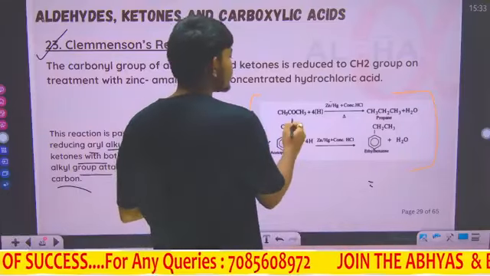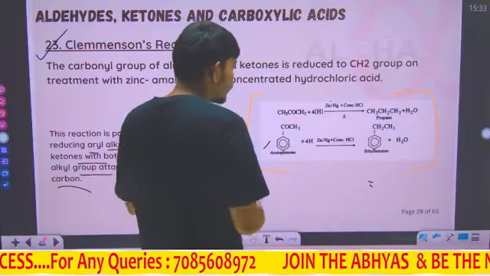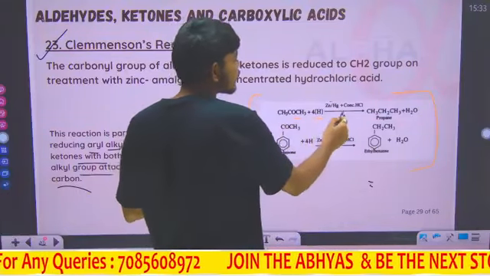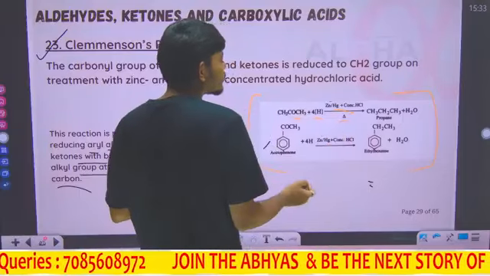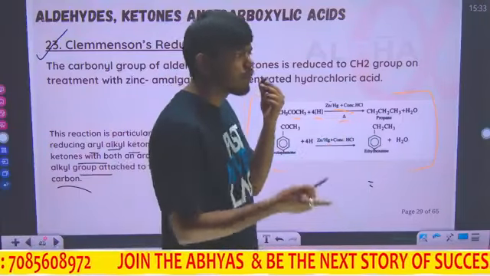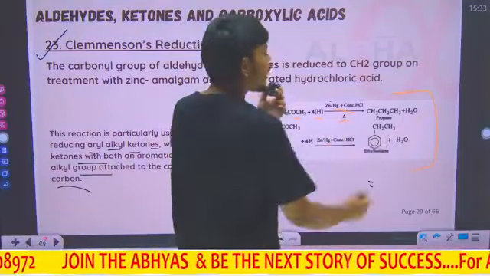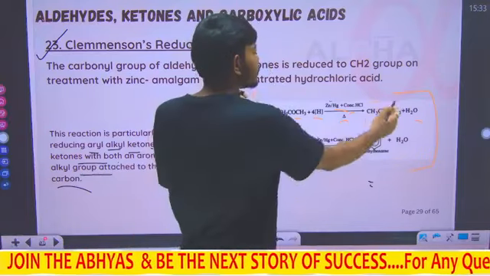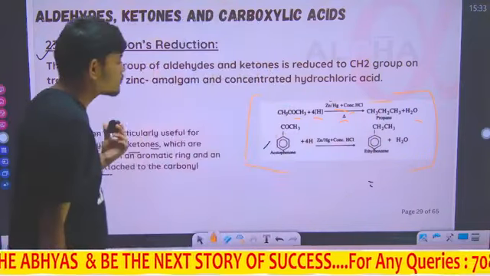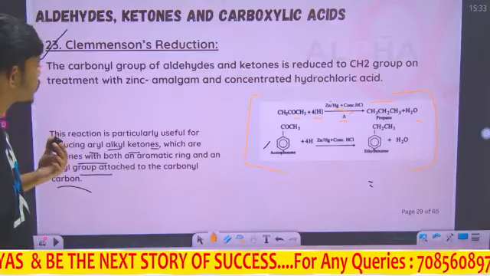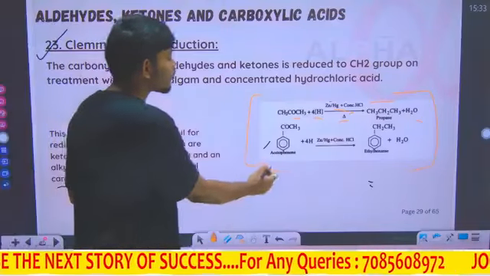So this is your CH3COCH3 ketone, and this is the reagent you are using, and you are giving heat as well. So 4 moles of hydrogen will be introduced: 2 will go to oxygen, that will form water, and 2 will go to carbon. This is your propane. This is your acetophenone with the benzene ring.